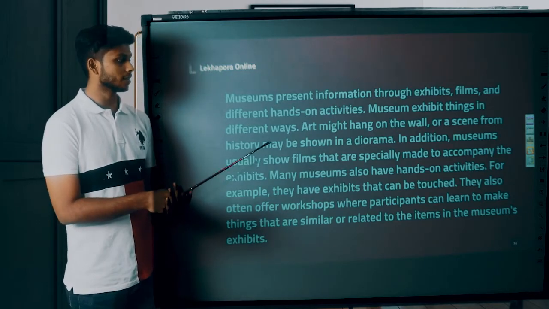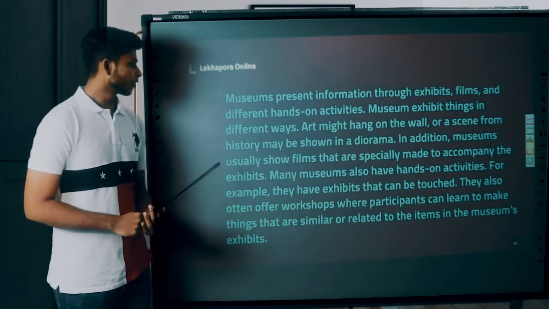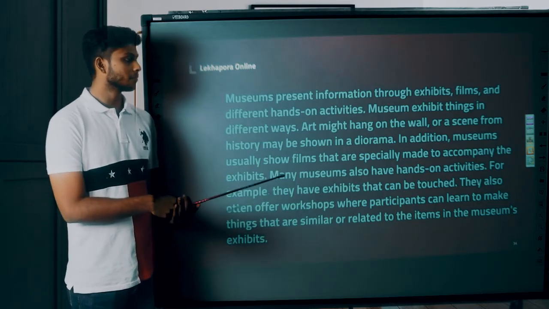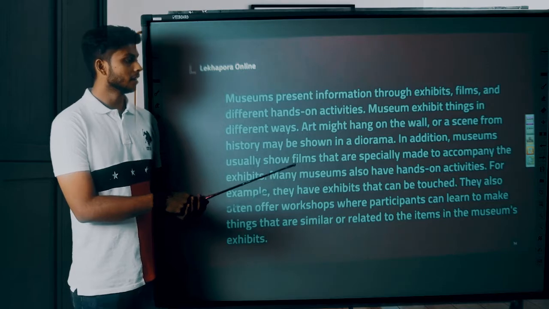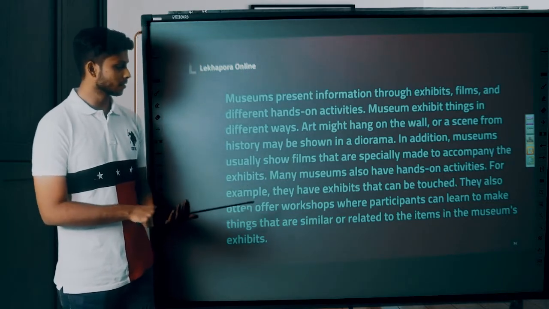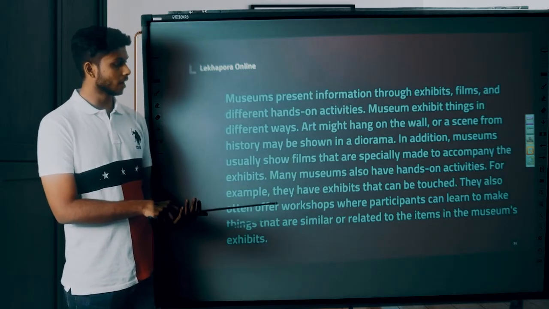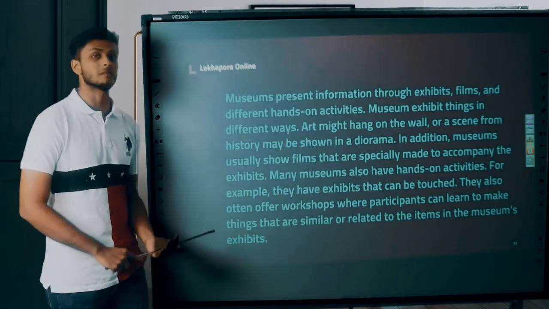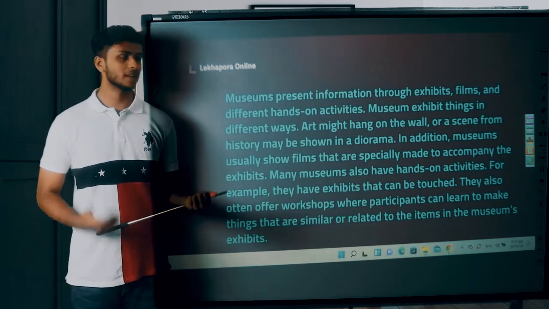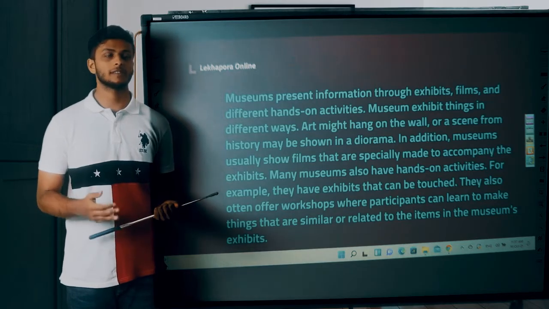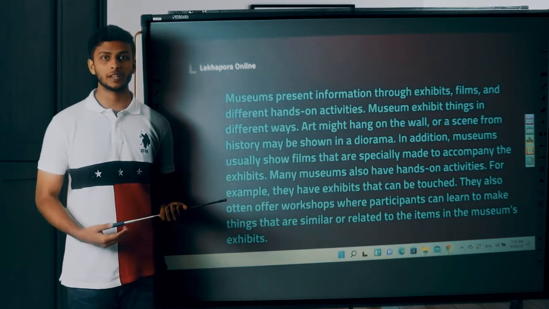Many museums also have hands-on activities. For example, they have exhibits that can be touched. They also often offer workshops where participants can learn to make things that are similar or related to the items in the museum's exhibits. This is just an example response, just to make you understand how you can provide a main idea and some supporting details.